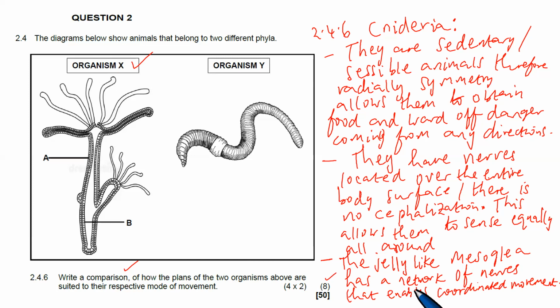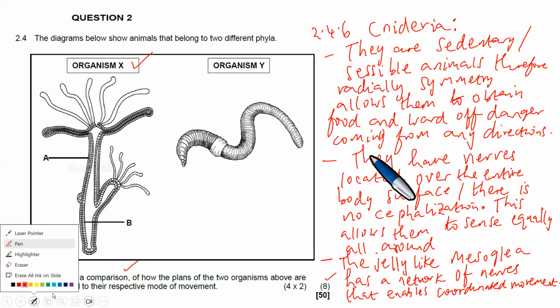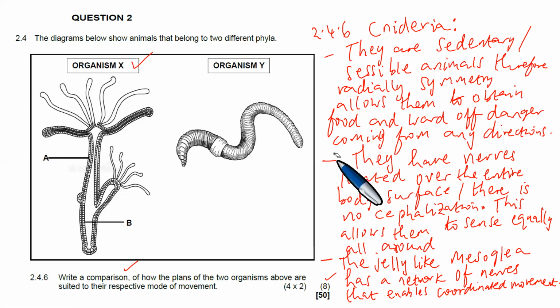Now the next thing would be organism Y, which is associated with what you call the annelids. I'm going to erase this because you're going to see this anyway, it's going to be there on the recording.